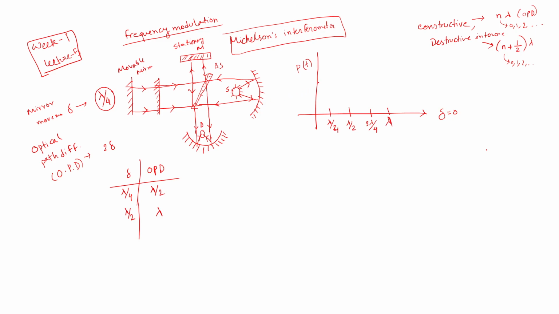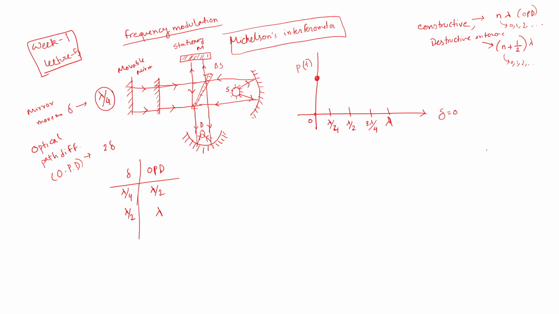So for constructive, and there could be in-between parts, lambda by 4 to lambda by 2. At delta 0, when there is no path difference, we will get a constructive interference and we will get some data here.